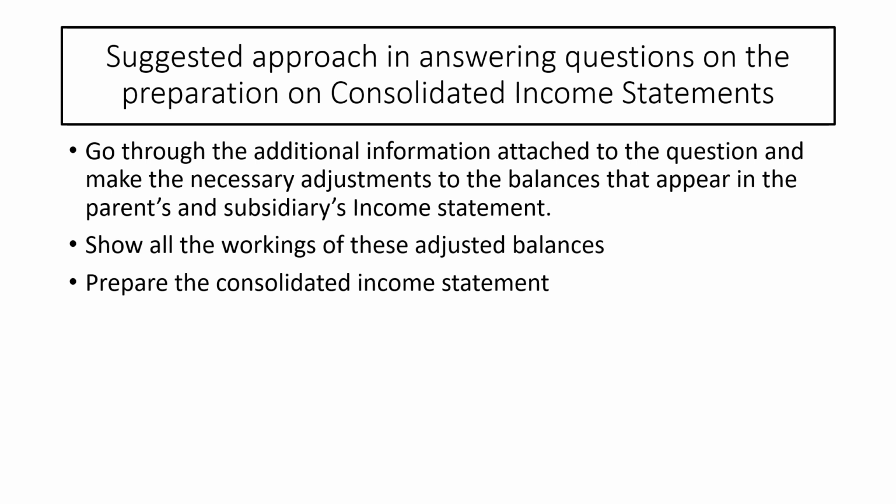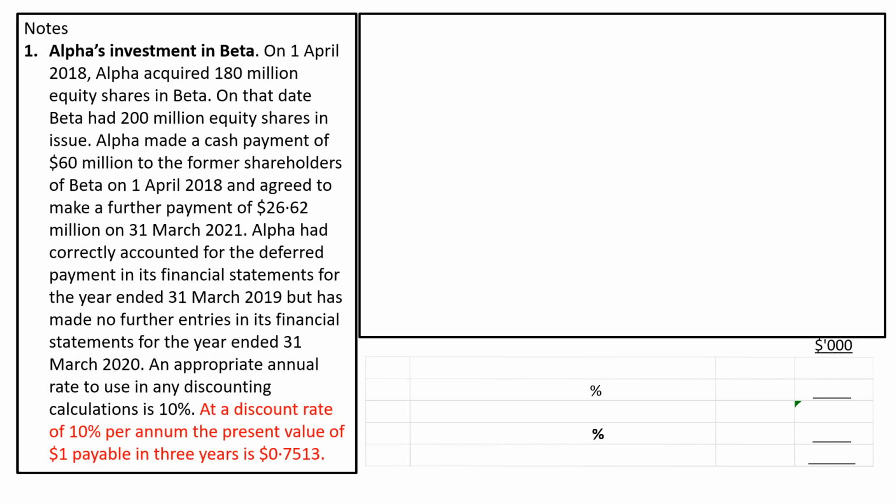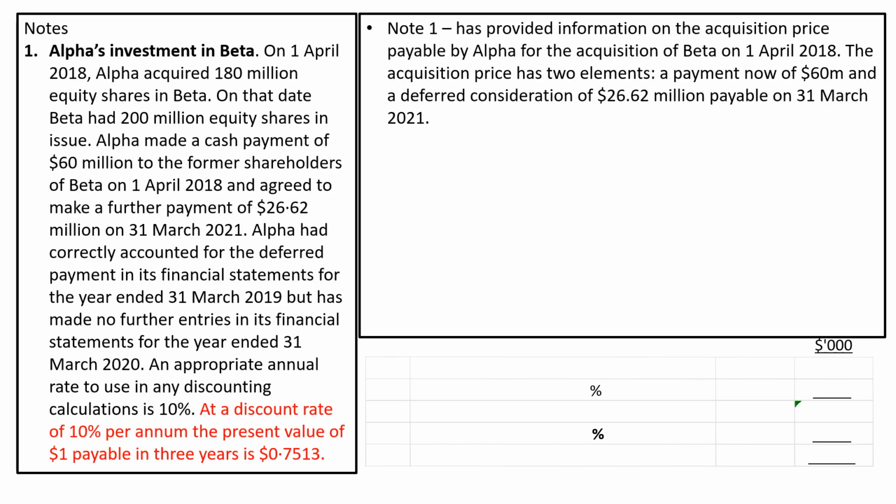consolidated income statement. Note 1 has provided information on the acquisition price payable by Alpha for the acquisition of Beta on 1st of April 2018. The acquisition price has two elements, a payment now of 60 million and a deferred consideration of 26.62 million payable on 31st of March 2021.